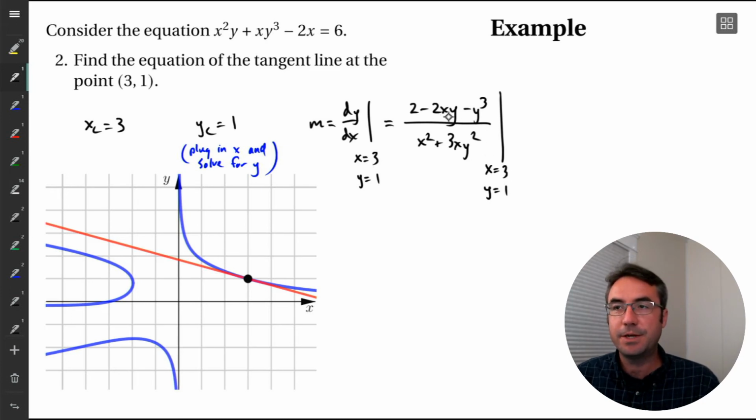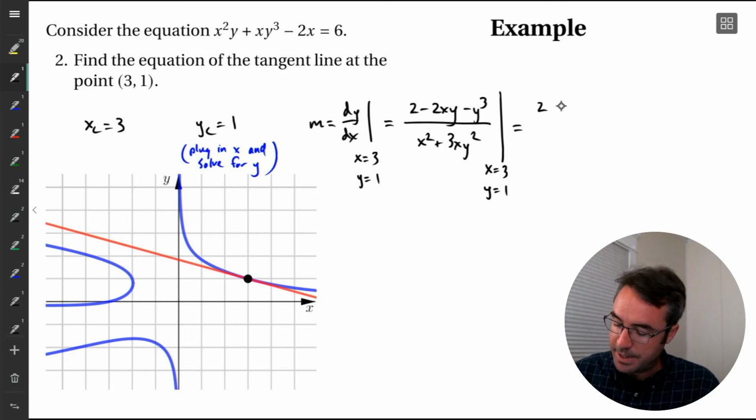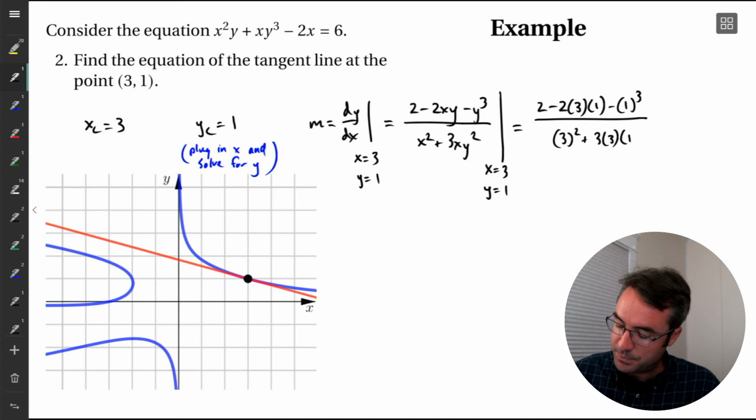So go through the equation. Wherever you have an x, change it to a 3. Wherever you have a y, change it to a 1. So we're going to end up with 2 minus 2 times 3 times 1 minus 1 cubed, all over 3 squared plus 3 times 3 times 1 squared.